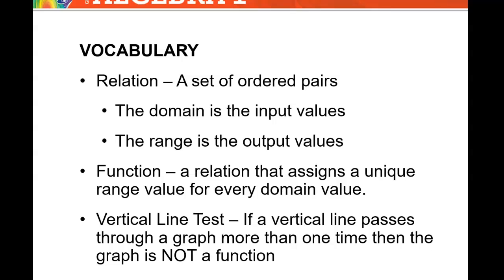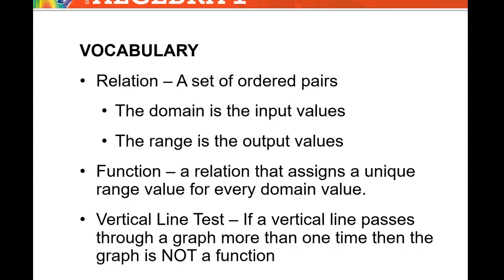A function is simply a relation in which there is a unique range value for every domain value. So what that means is for every x, there's only one y. It means that our x's cannot repeat. So in order to be a function, our x's cannot repeat.